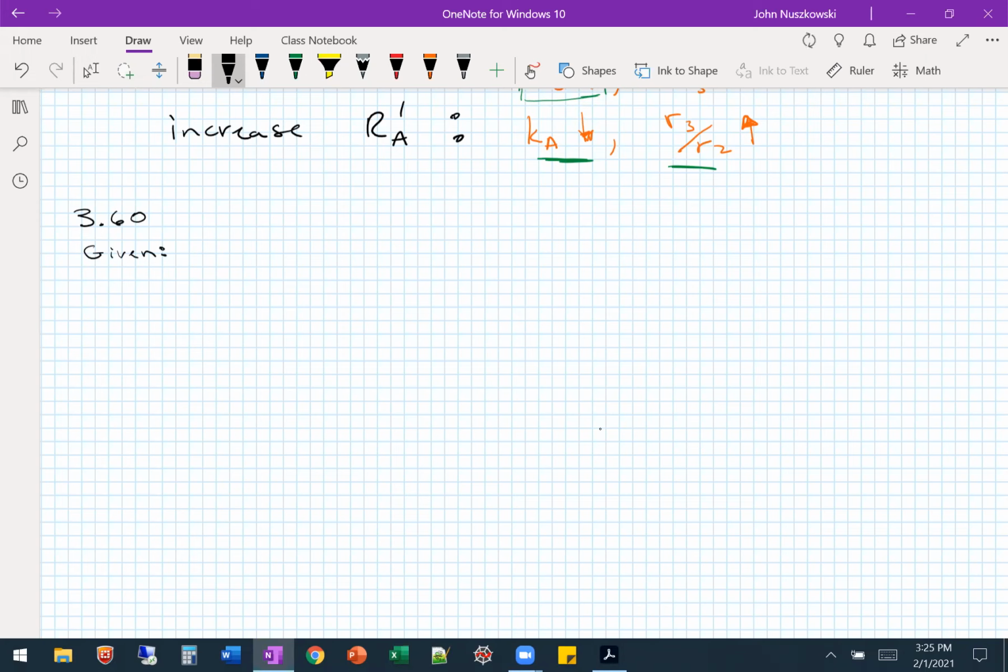Insulation with a thermal conductivity of 0.06 watts per meter Kelvin and thickness of 250 millimeters is applied to the tank to reduce the heat gain. Part A is determine the radial position in the insulation layer at which the temperature is 0 degrees Celsius when the ambient air temperature is 20 degrees Celsius, and the convection coefficient on the outer surface is 6 watts per meter squared Kelvin.